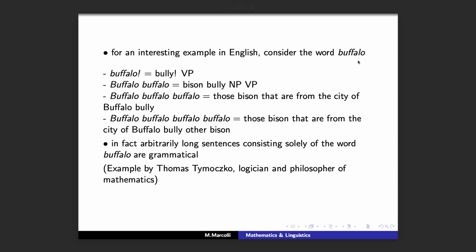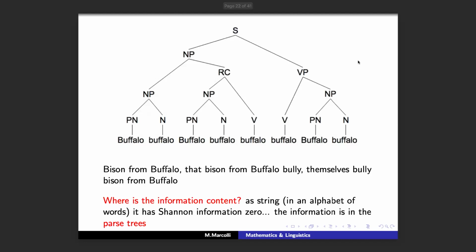One of the things, however, is that just looking at strings of words, as we already know, loses a lot of the structure. There's this famous example in English where you can have the same lexical item repeated over and over, but you can parse it in different ways, in actual meaningful ways. So the information content is, in this case, entirely contained in the syntactic structure and not in the individual lexical items.